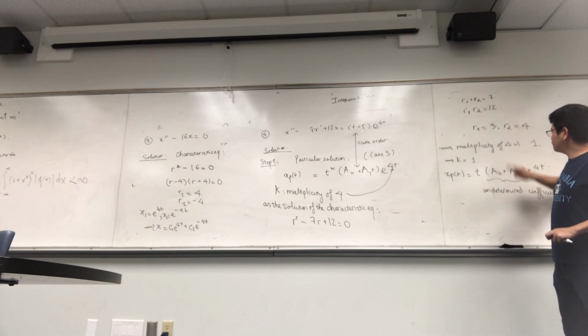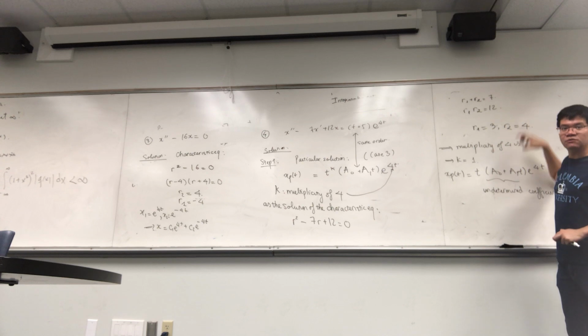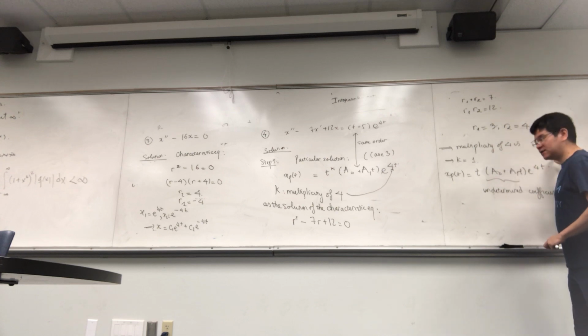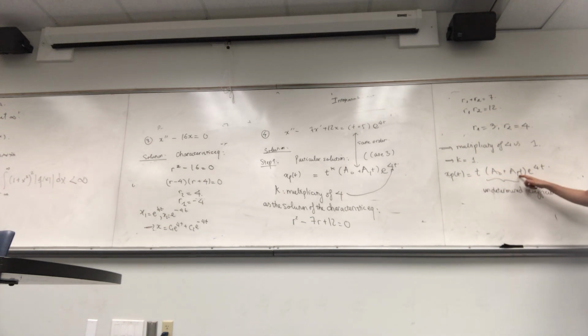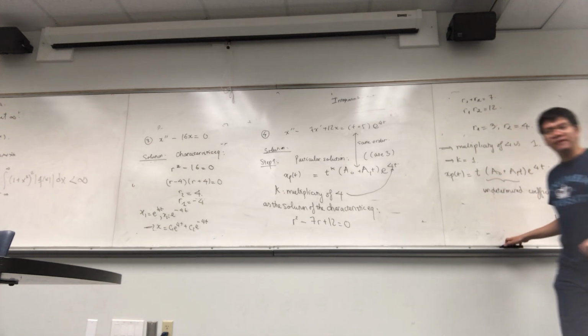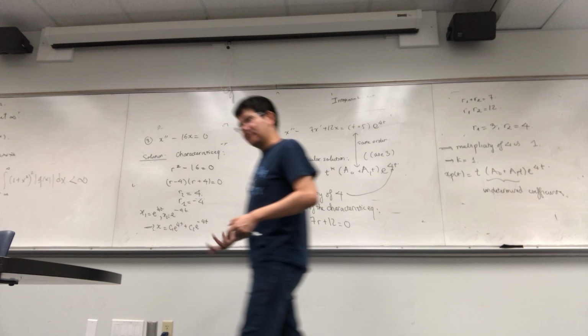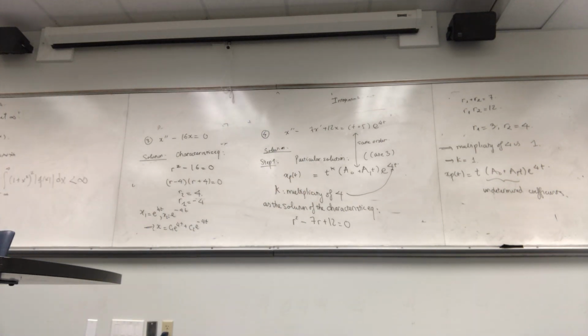Those are 3 and 4. So you see that 4 is the solution, which means that the multiplicity has to be 1, and you replace k to be 1 here. You want to get t times (a0 plus a1 t) times e to the 4t, right? And this explains the name undetermined coefficients, because a0 and a1 are undetermined coefficients. Questions? Now I have to find a0 and a1. How do I find a0 and a1?